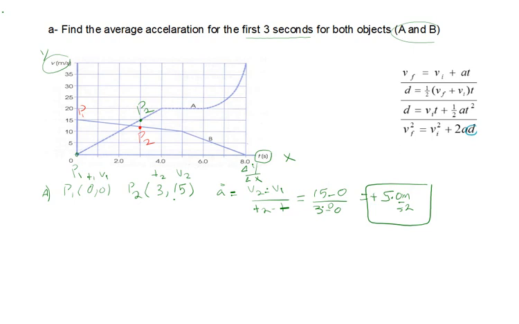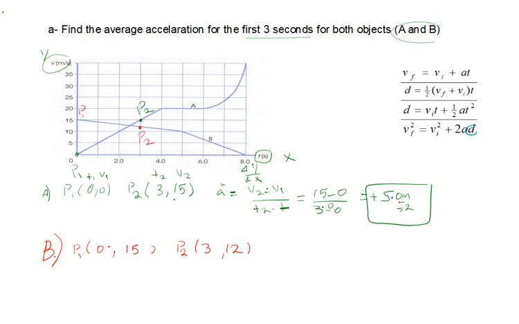So let's do the B motion. For B, we have P1 and P2, so that's point 1 and point 2. Point 1 is 0, 15. Point 2 is 3, and I'm going to go with 12.